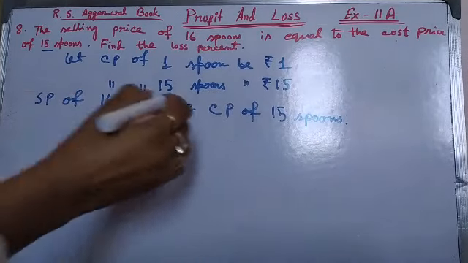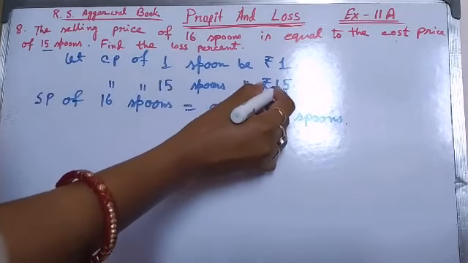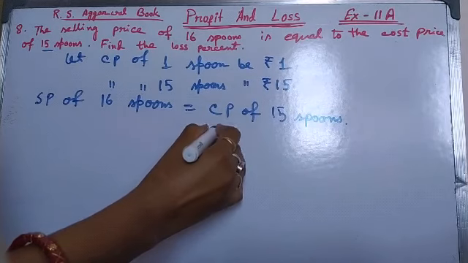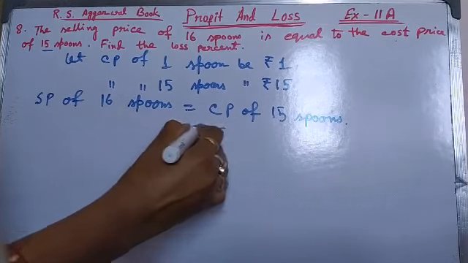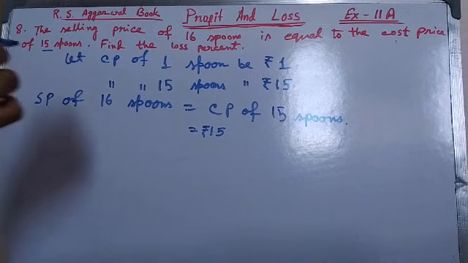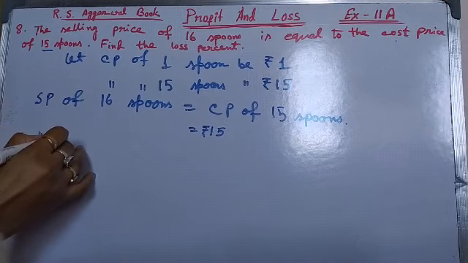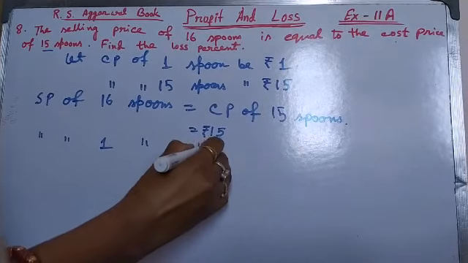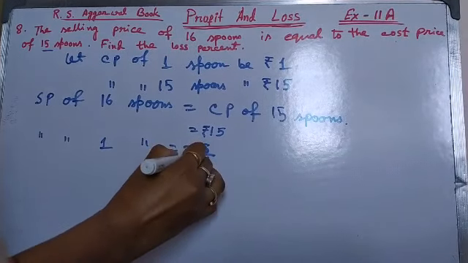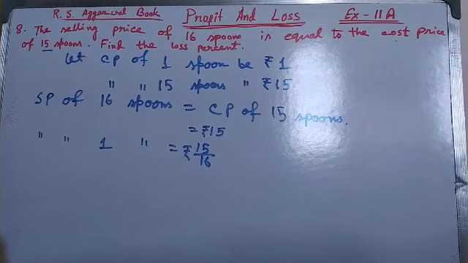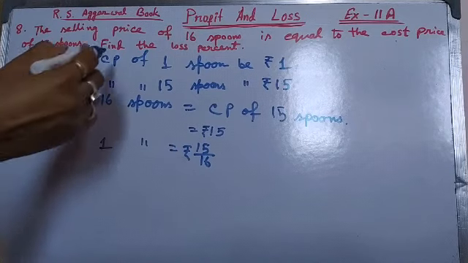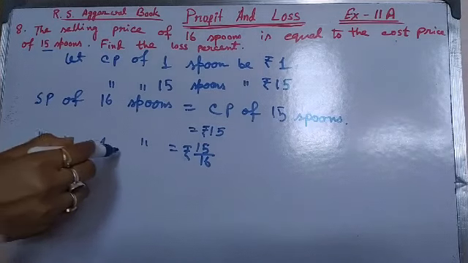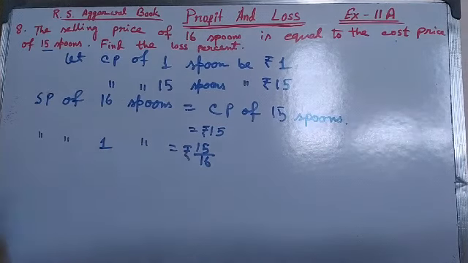So here the CP of 15 spoons means, already found out, rupees 15. So from here we will find out the SP of 1 spoon will be 15 by 16. Here the CP of 1 spoon is rupees 1 and the SP of 1 spoon is rupees 15 by 16.